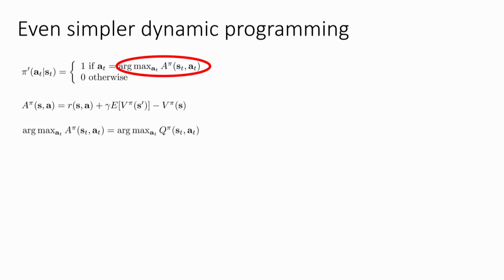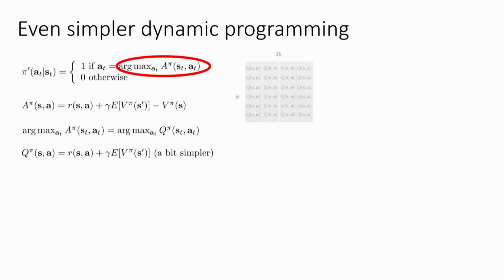Now, we know that the argmax of A is actually equal to the argmax of Q, because Q and A only differ by the term that we're subtracting, and this term depends on the state and does not depend on the action, so it does not alter the argmax. So we could just as well write π' as the argmax of Q^π, which will let us get rid of one of those terms. That's a little bit simpler.